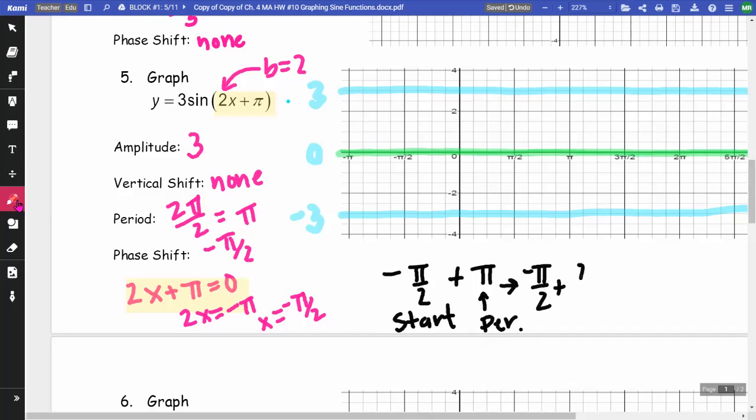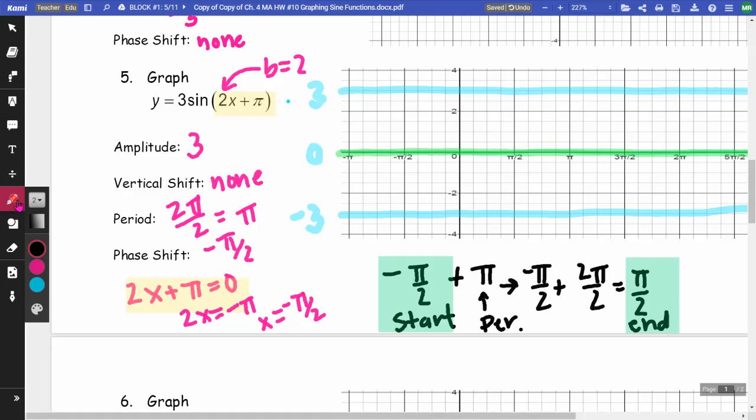I am going to be going 2 pi halves, which is pi over 2. And that's going to be my end. So I am going to be starting at negative pi halves, and I'm going to be ending at pi halves.